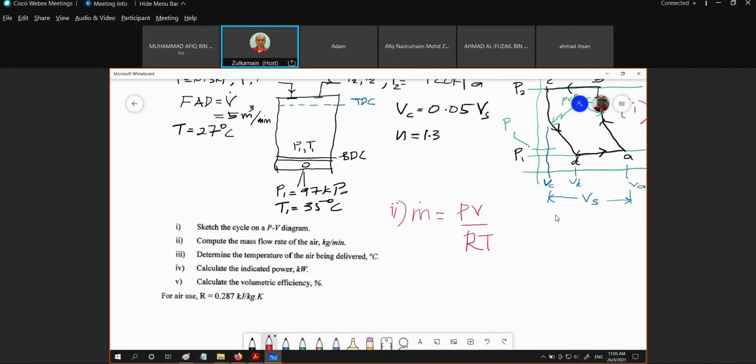Because this is a mass flow rate, we need to put the volumetric flow rate right here.